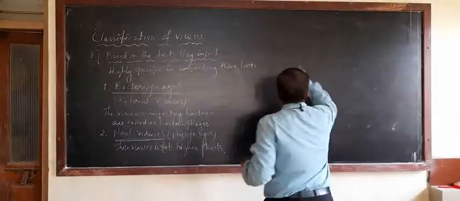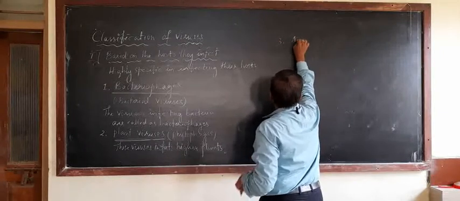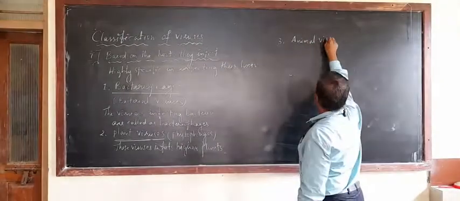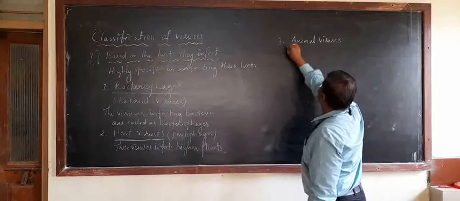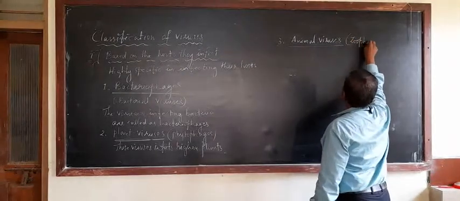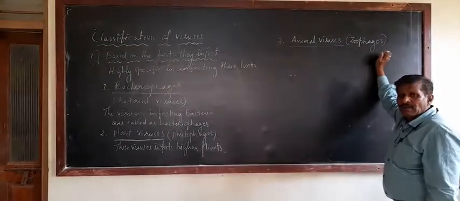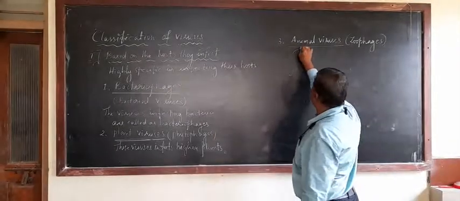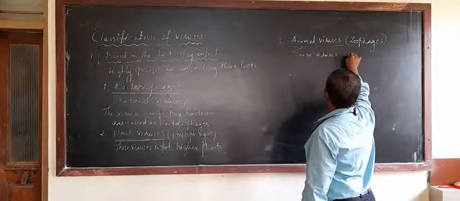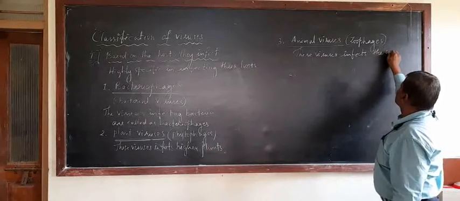What about the third kind of viruses? The third kind of viruses are simply called animal viruses, or we can also refer to them as zoophages. These viruses infect the animals.